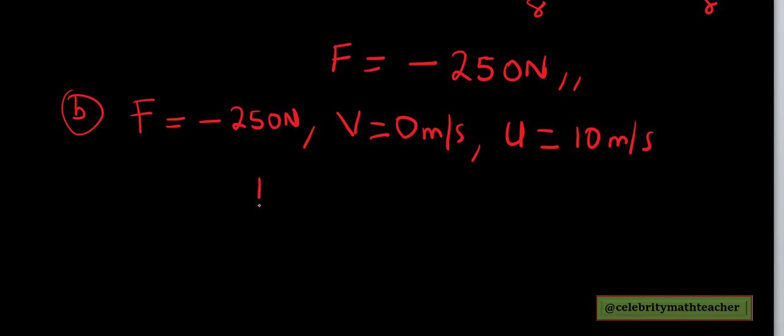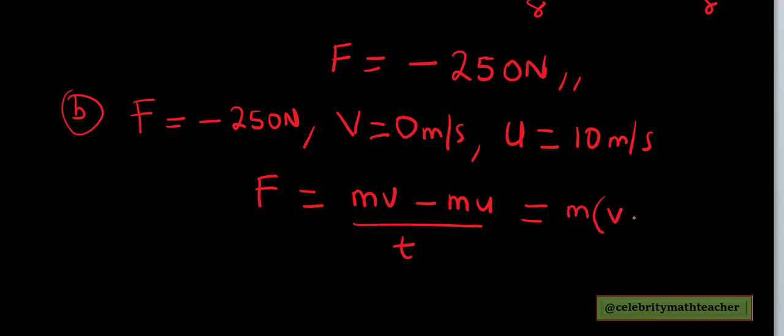So the same formula, F equals mv minus mu all over t. We could factorize m out here, and when we do, we now have that our formula is m open bracket v minus u all divided by time. So what's our force? It is a negative, a retarding force.